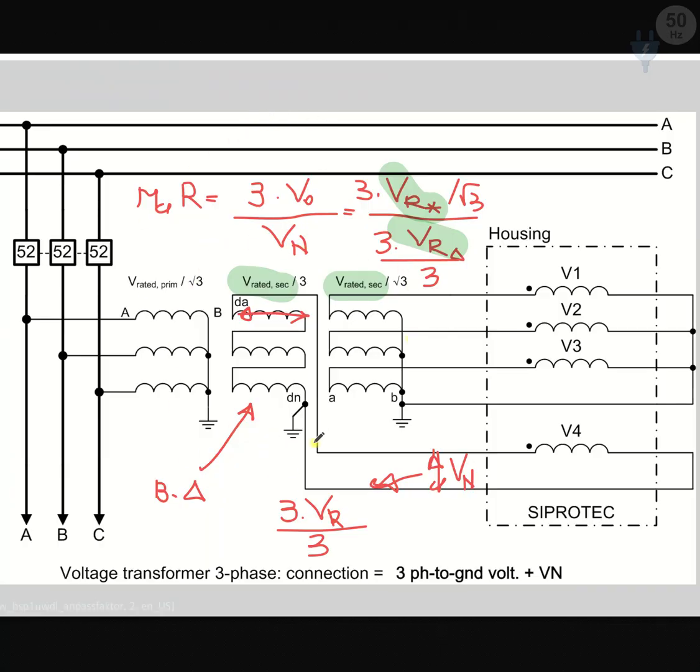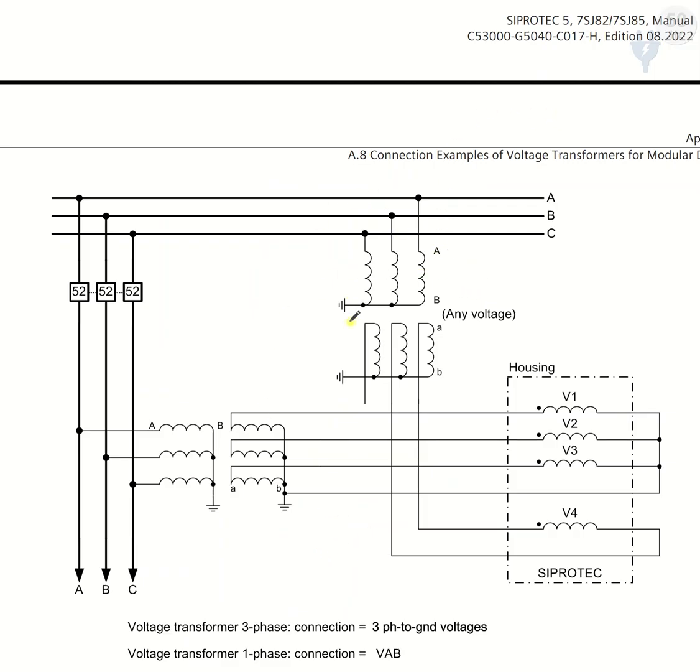All of this that we have discussed is only right when we have a broken delta for neutral voltage and star connected winding for the phase voltages. For example, if we have this type of winding, the phase windings are connected in star connection, and for the neutral voltage we only have two voltages, the voltage of two phases only.